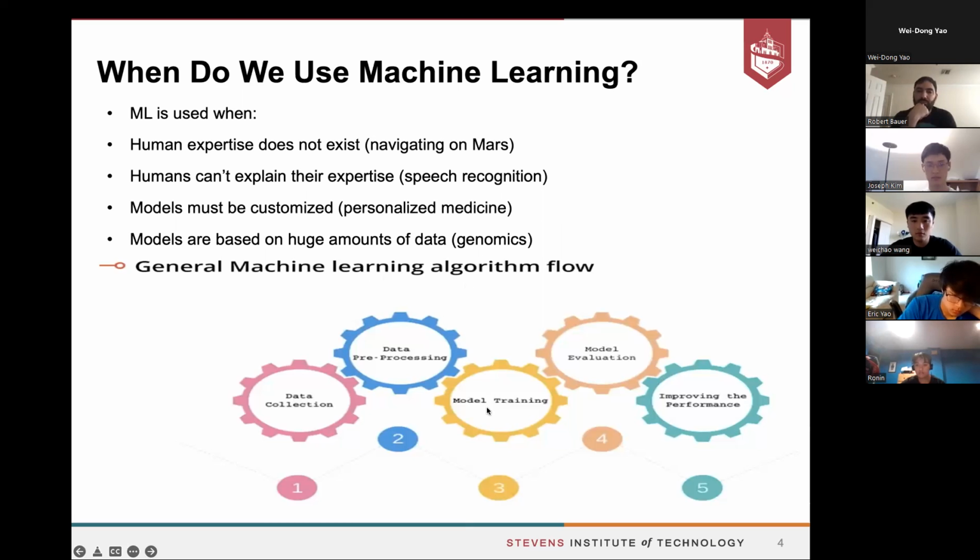Then comes the machine learning models, or the training of a model, where we use n number of different data mining algorithms. Then comes model evaluation, how good our model is. Based on the R square and other evaluation metrics, we can see how good our model is. And then based on the parameters, we can improve our model with the help of hyperparameter tuning and other stuff.